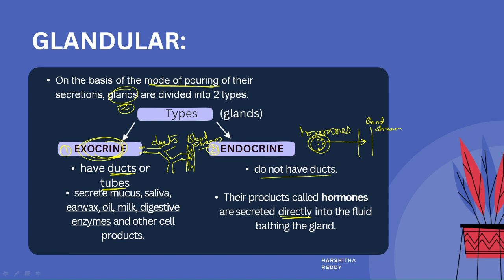As these hormones are released directly into the bloodstream, they show rapid action. And when we see the examples of exocrine, they secrete mucus, saliva, earwax, oil, milk, digestive enzymes, and other cell products. The main example for endocrine glands is hormones.